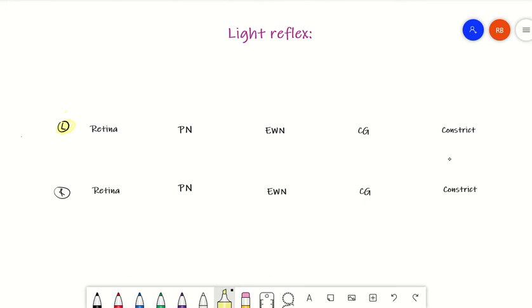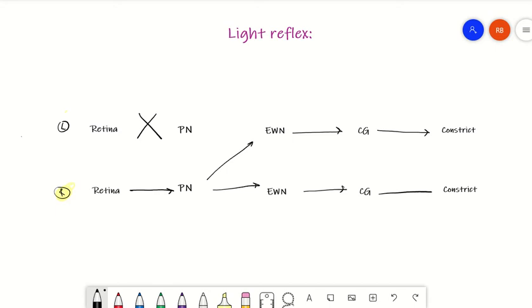However, if you were to instead shine a light in the right eye, but still have that defect in the left afferent pathway, you would still be able to stimulate constriction of both the left and right eyes, because both the Edinger-Westphal nuclei are stimulated, so parasympathetic fibers can be stimulated from there to cause constriction.